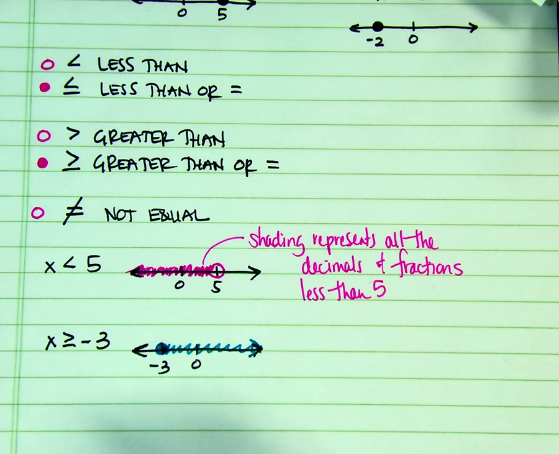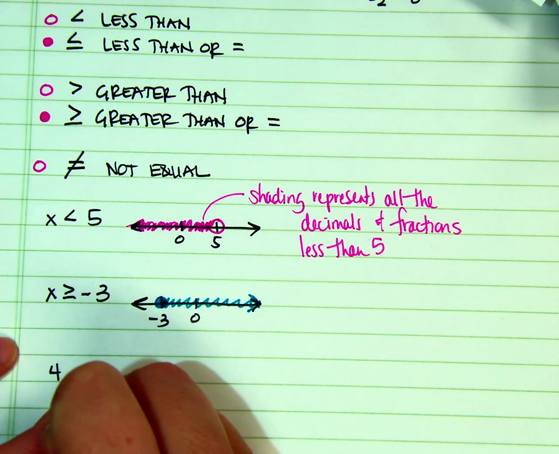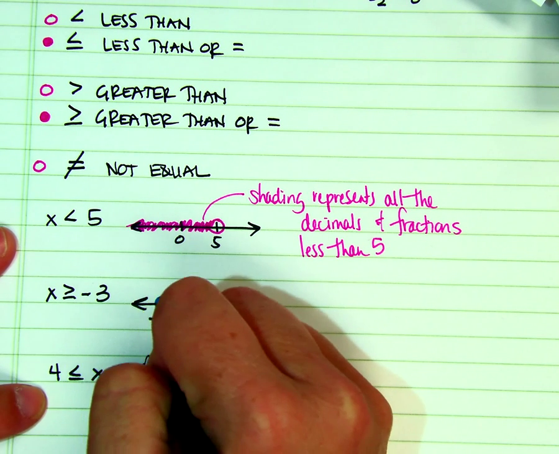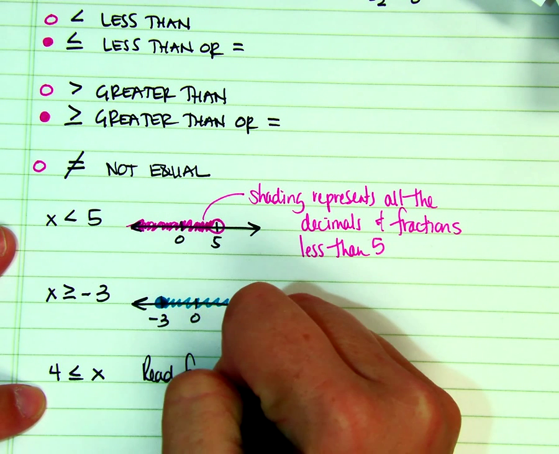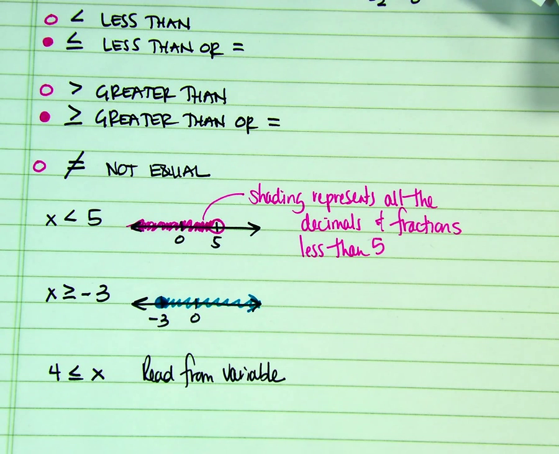Now, every once in a while you'll see it where maybe your variable is not typically on the left side. You have to read this from the variable. And what I encourage students to do is not only read it from the variable, but go ahead and rewrite it.